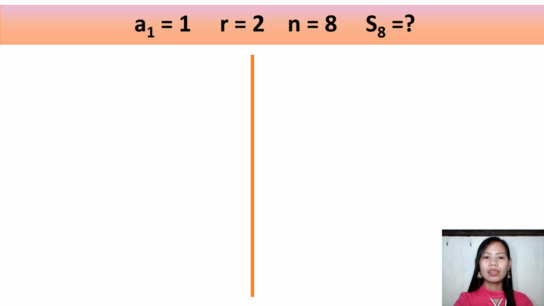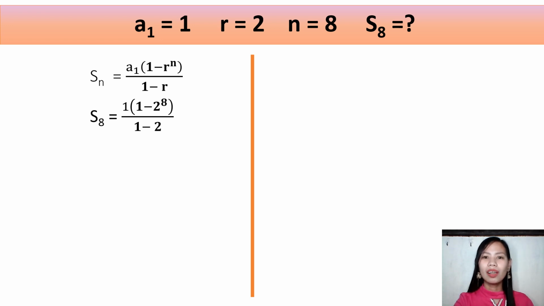So let us start with the first formula. S sub n equals a sub 1 times the quantity of 1 minus r raised to n all over 1 minus r. So by substitution, we have 1 times the quantity of 1 minus 2 raised to 8 all over 1 minus 2. Let us simplify 2 raised to 8. That is 2 times 2 times 2 times 2 times 2 times 2 times 2 times 2. So we have 1 times the quantity of 1 minus 256 all over negative 1.